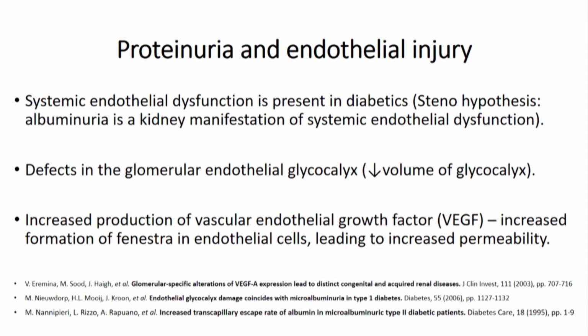And of course, it's a marker of vascular damage, allowing the leakage of several molecules through the vascular wall. Also, defects in the glomerular endothelial glycocalyx were observed, and increased production of vascular endothelial growth factor, which increases formation of fenestrae in endothelial cells, all leading to increased permeability.